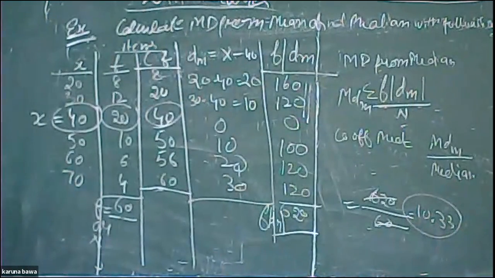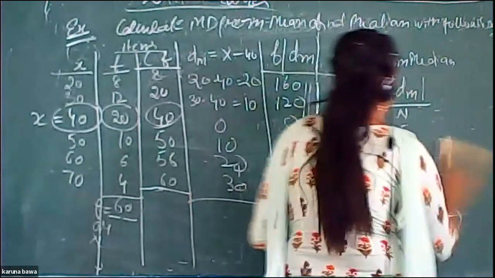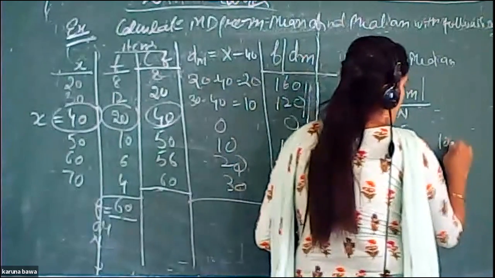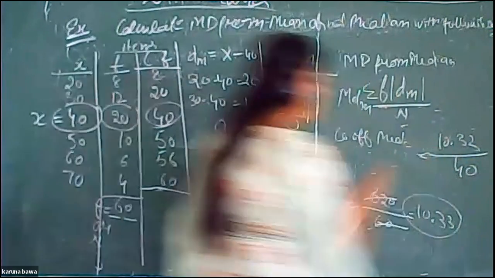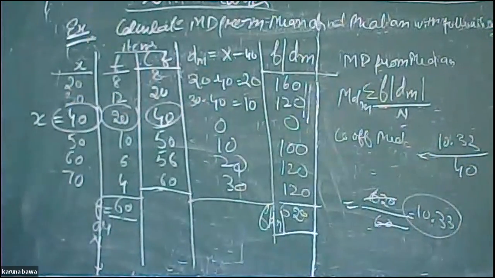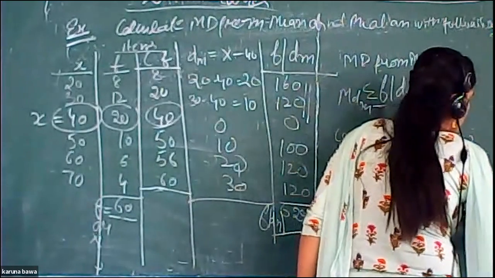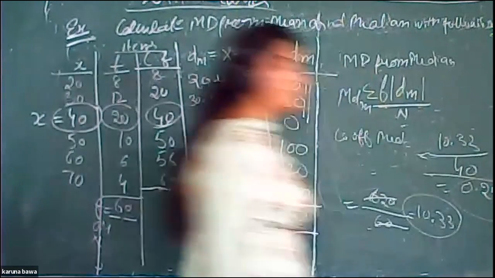So now find the value of the coefficient of median, which is the mean deviation from median, 10.33, divided by the median value, 40. After the division, we get 0.258. This is the coefficient of median.